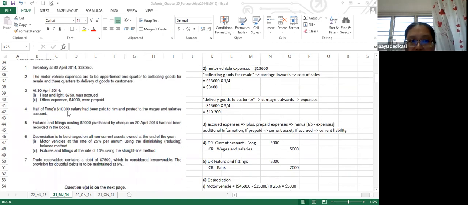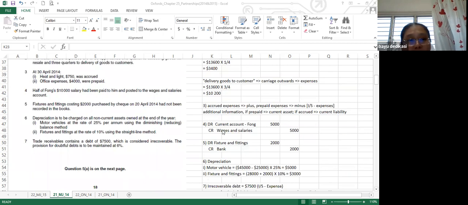Next, half of the Fong 10,000 salary has been paid to him and posted to the wages and salary account. So your this amount, number 4. Okay, wait, sorry, number 3, I forgot to mention. At 30th April 2014, heat and light 750 was accrued. Accrued, you have to plus into the income statement, okay? But prepaid you have to minus in order to get the total amount for the expenses.